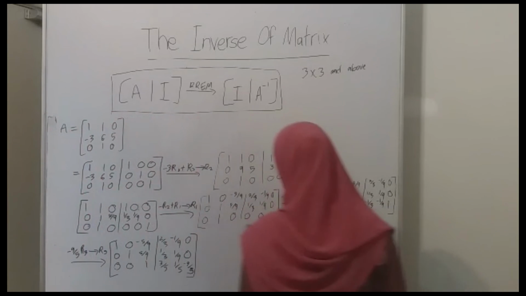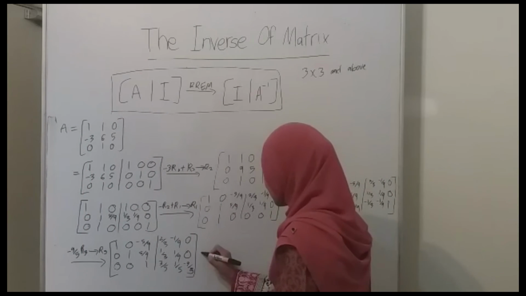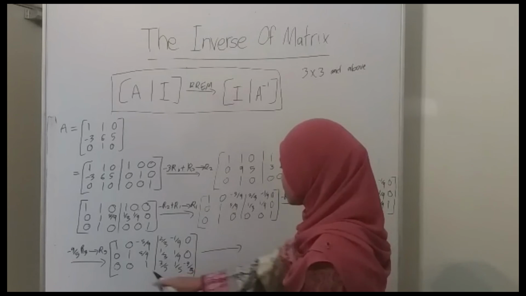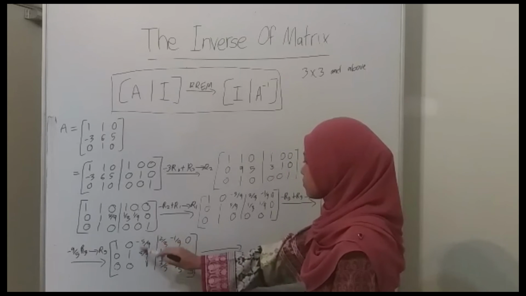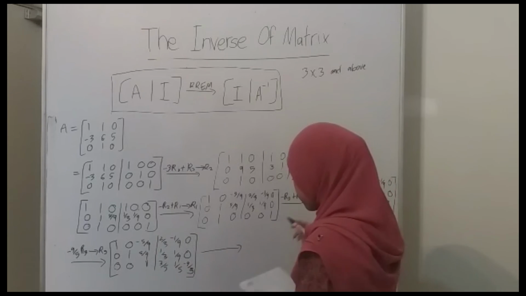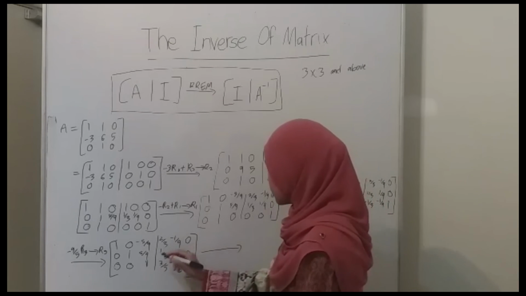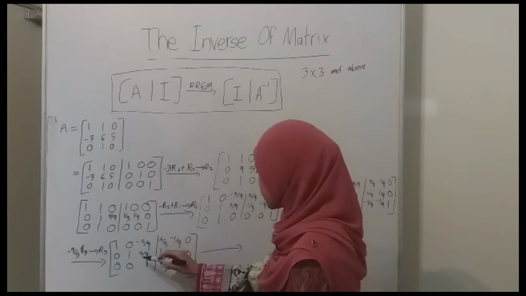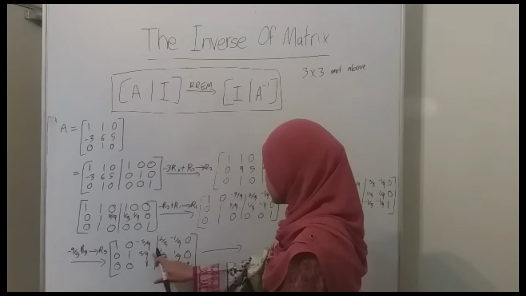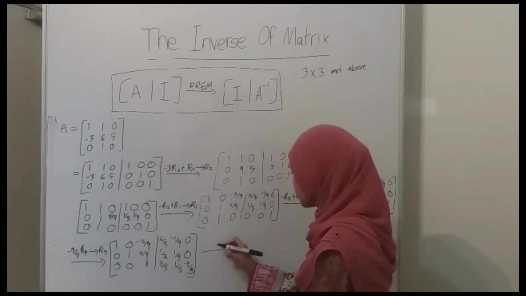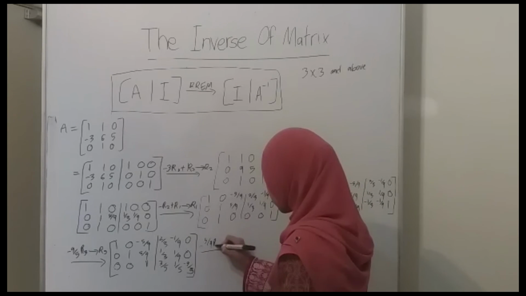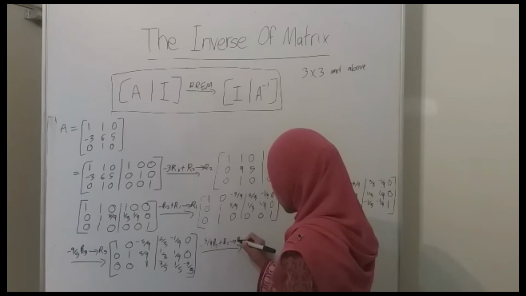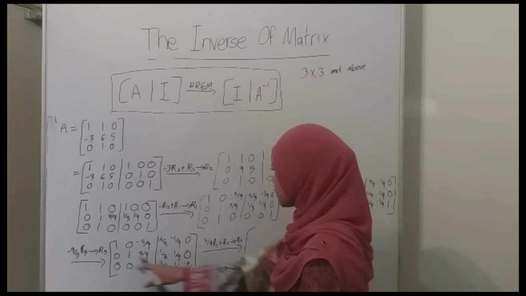Okay, next step. This is already leading 1, so we want to make 0 for both of these columns. So we are going to reduce this one first to make a 0. So negative 5 over 9 R3 plus R2 equal to R2. So the changes will be in R2.